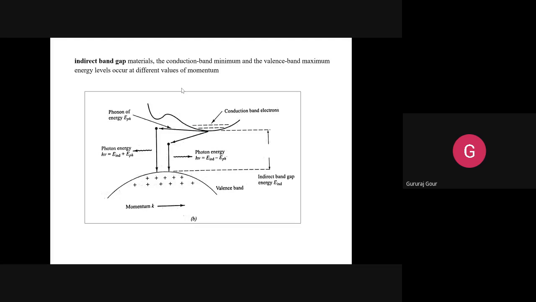The momentum of this phonon energy is more and less in different directions. So that is a radiation leakage, we are losing the information. So E_ind is nothing but the indirect band gap energy and E_PH is nothing but the phonon energy.